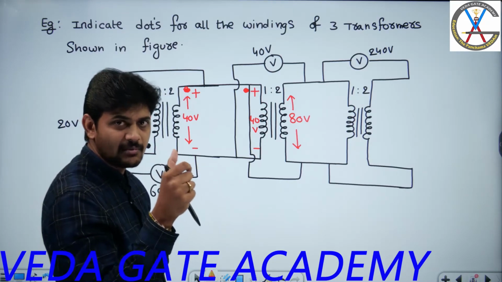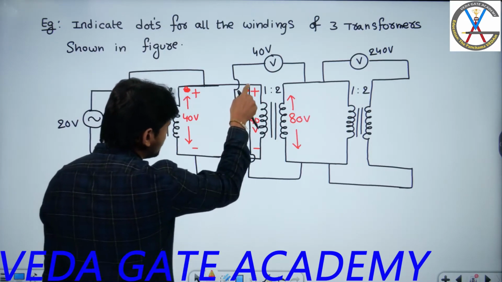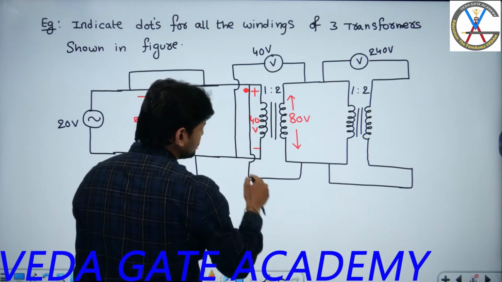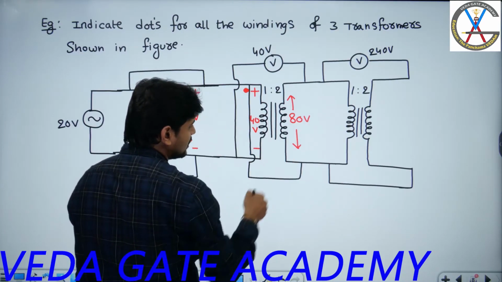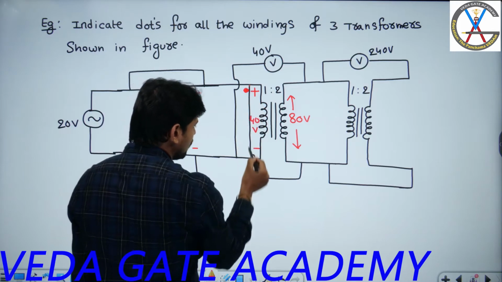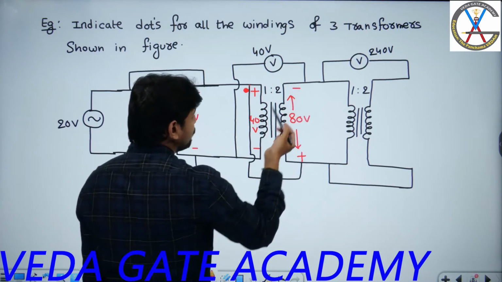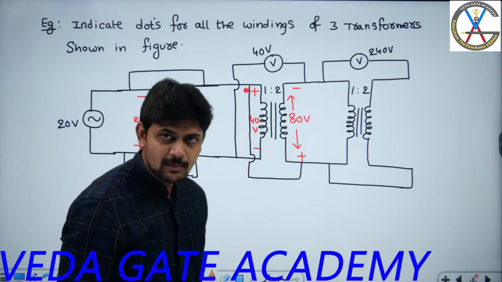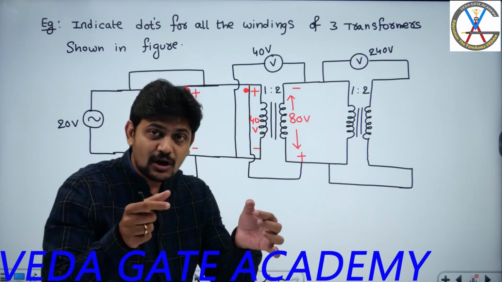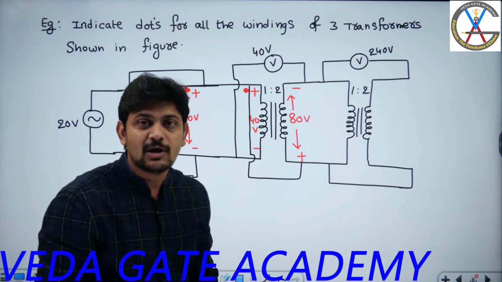The short circuited terminals are these two, so where do I need to indicate the dot? If this is positive, obviously here also you will get positive, because if the voltmeter reads the difference of two EMFs, the short circuited terminals will be assigned with similar polarities.